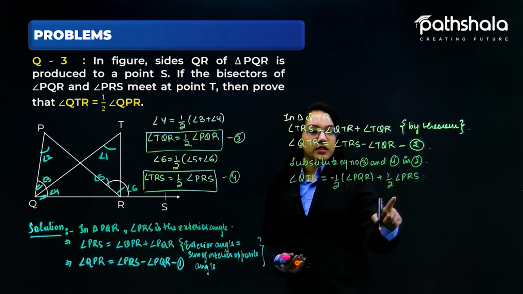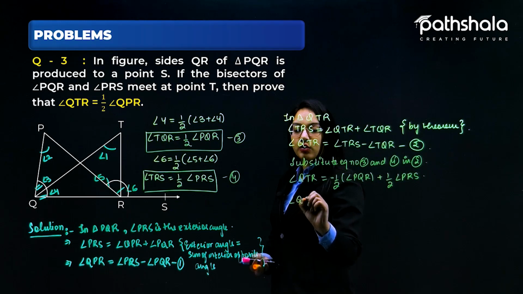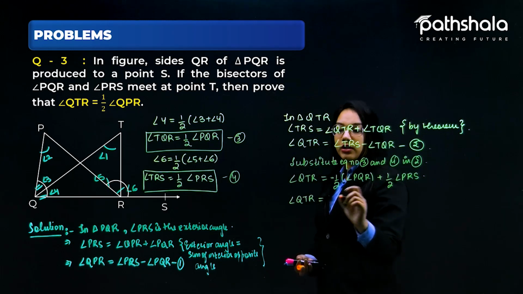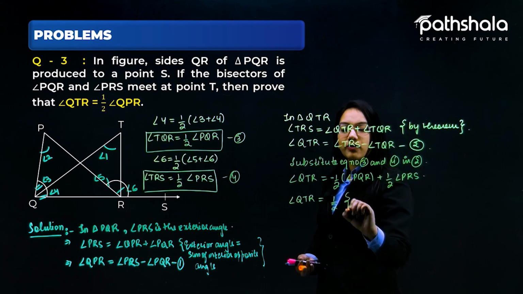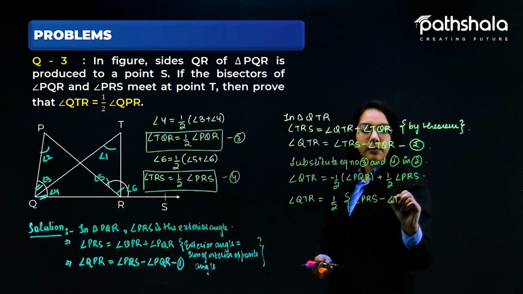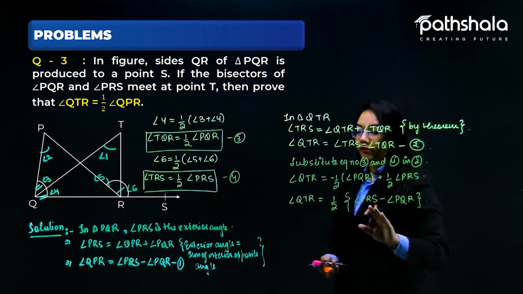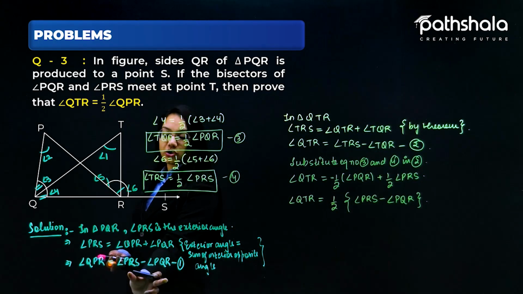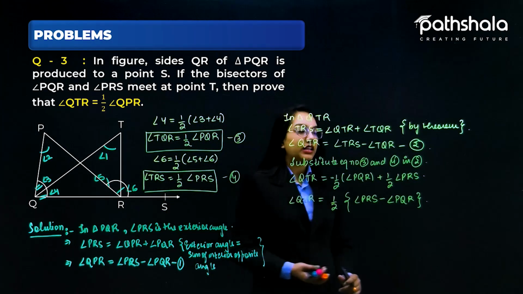Taking half common, we get angle QTR equal to half of angle PRS minus angle PQR. If you compare this equation and the earlier equation, you can see they are exactly equal to each other.